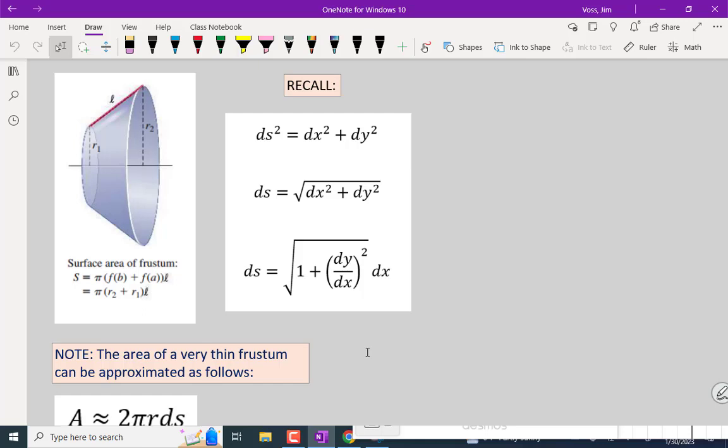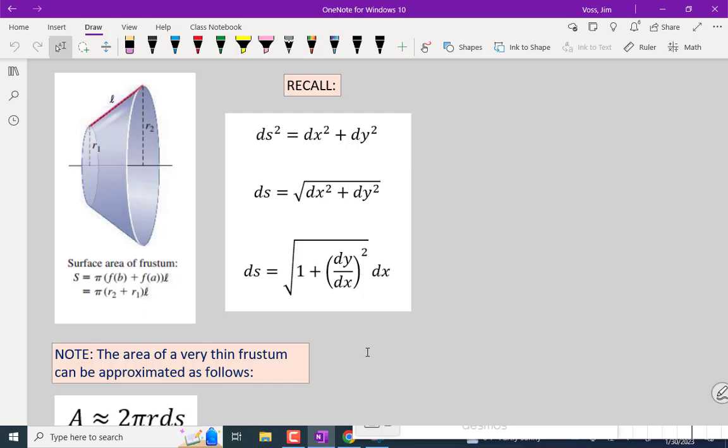You do not need to know that. But that is what the area of a frustum is. As that frustum gets flatter and flatter, don't these 2 radii become indistinguishable? R1 and R2 are approaching each other.